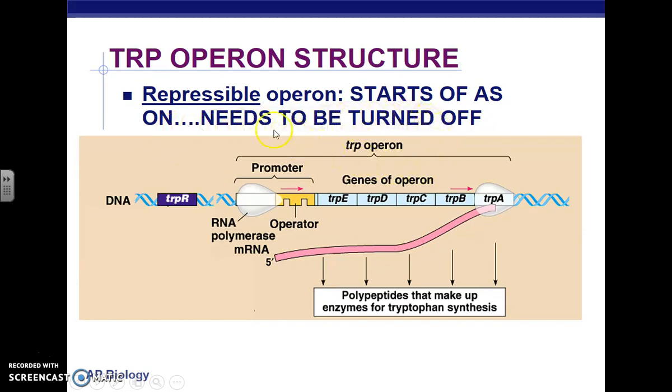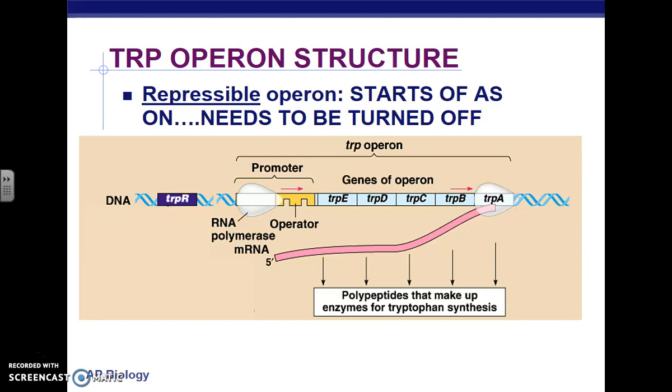So if we take a look at its normal situation, this is the TRP operon. These are the genes here that code for the proteins that will make tryptophan. In its natural situation, it's on. The RNA polymerase is on the promoter, and it can transcribe the genes into mRNA, and that mRNA will make protein.